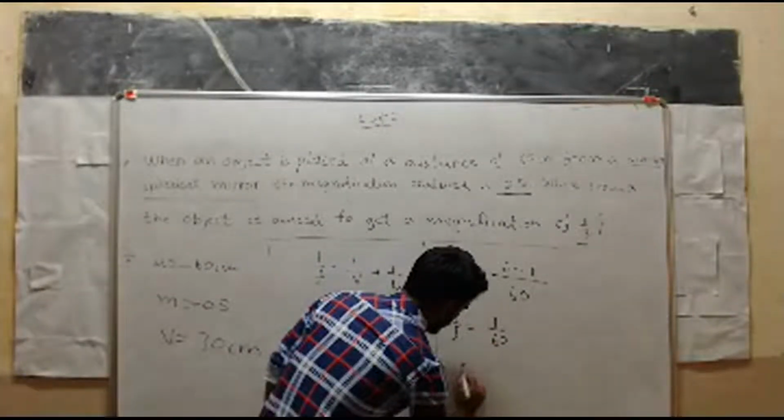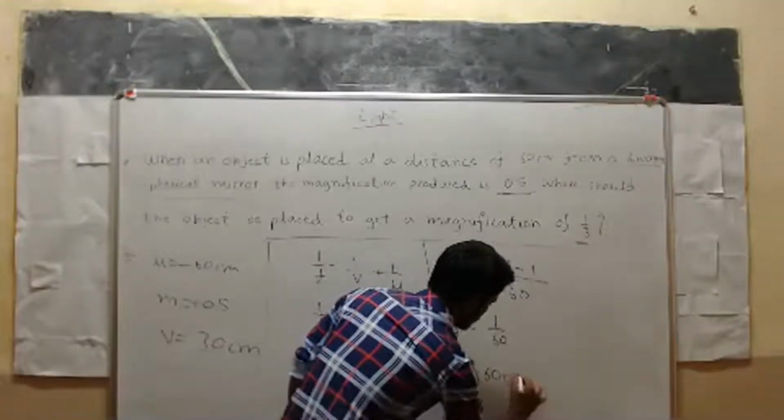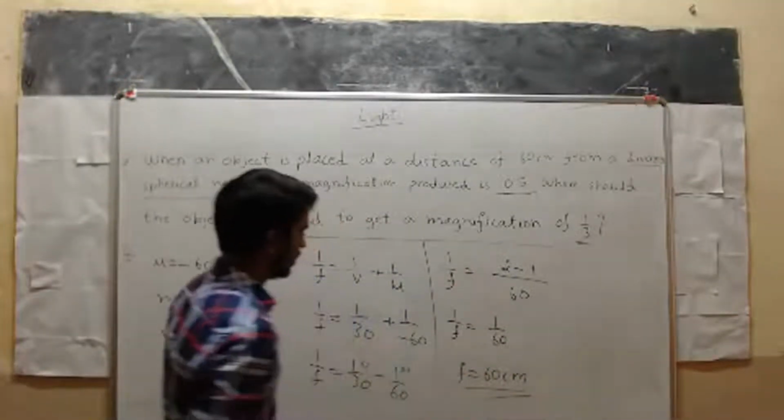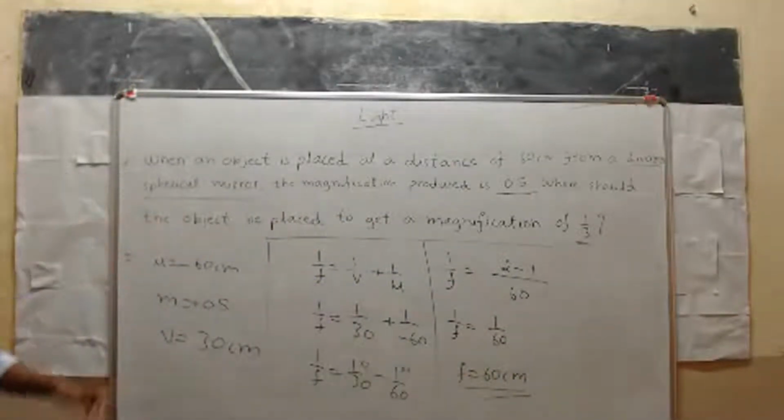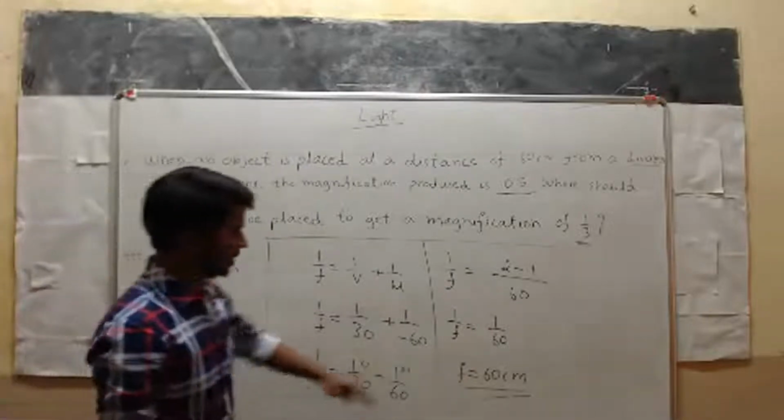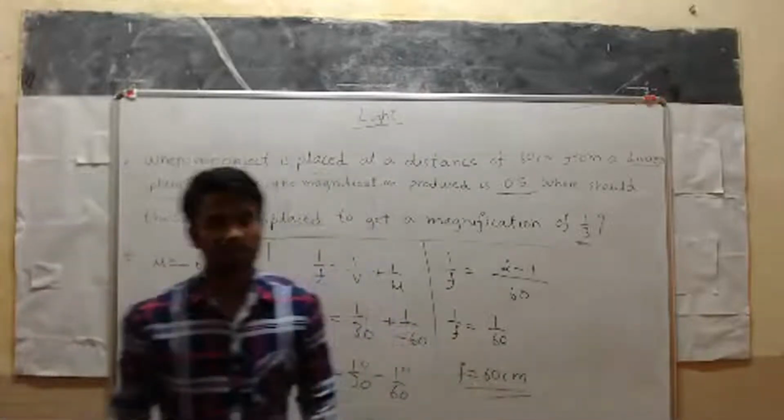Then f equal to 60 centimeter. So now the focal length of that diverging spherical mirror is 60 centimeter.